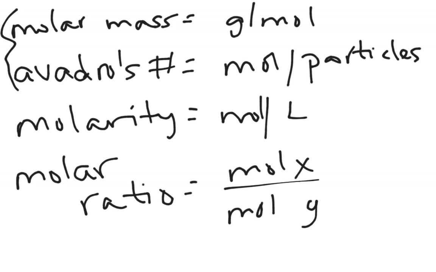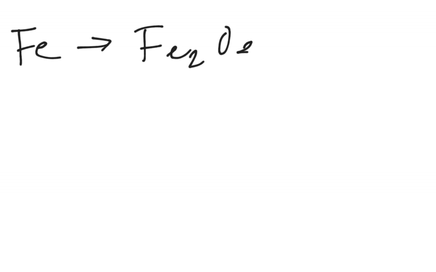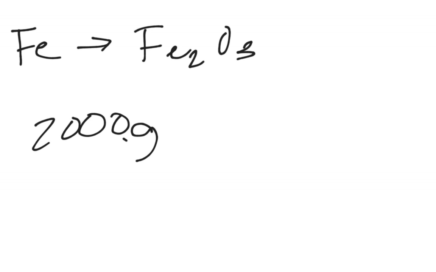Alright, so now using these things, let's go ahead and do this conversion really quick. We're going to say that we want to go from iron to iron oxide, and we start with 2,000 grams of iron. Now, a car has a lot more than 2,000 grams, I'm aware of this, but just to keep it a little bit simple. So the way we're going to set this up, we're going to say 2,000 grams of iron.